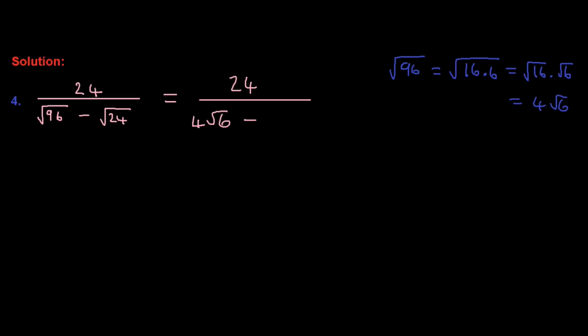Then the square root of 24, we can write as the square root of 4 times 6, 4 being the biggest perfect square into 24. And this, of course, is square root 4 times square root 6, which is twice the square root of 6.